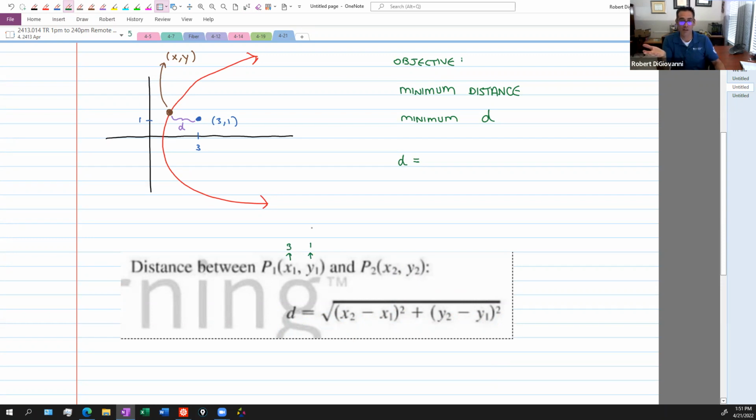And this other point, I'm calling it x and y. Then just use this formula. So the distance will be the square root of x2, which for us is x, minus x1, which for us is 3, that quantity squared, plus y2, which is y, minus y1, which is 1, that quantity squared.